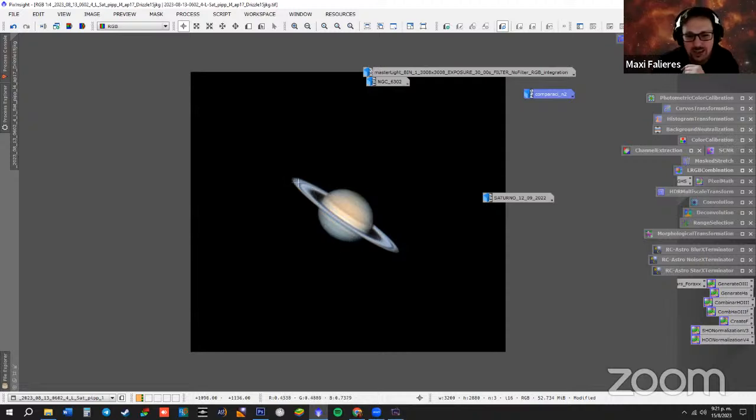But anyway, we are now able to see part of the Cassini division, the lines of storm on the equator, but this is the northern pole, and the southern is coming into view.